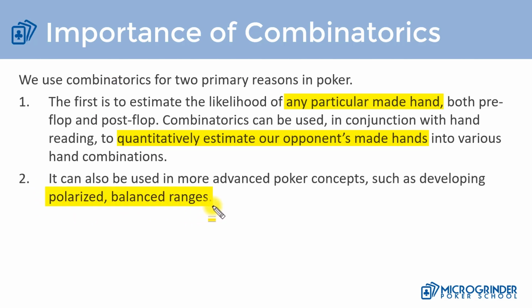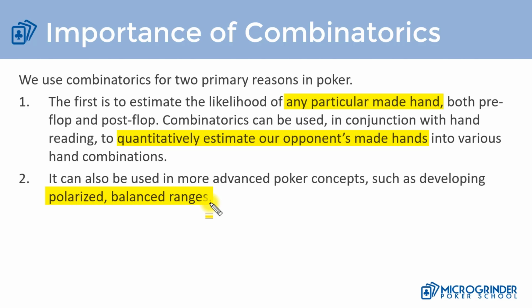We can count up combos, and let's say that we want a 2-to-1 ratio of value hands to bluffs on the river based upon our bet size. We can develop that range utilizing combinatorics. Again, that's well beyond the scope of this course, but the basis for doing that is using combos.